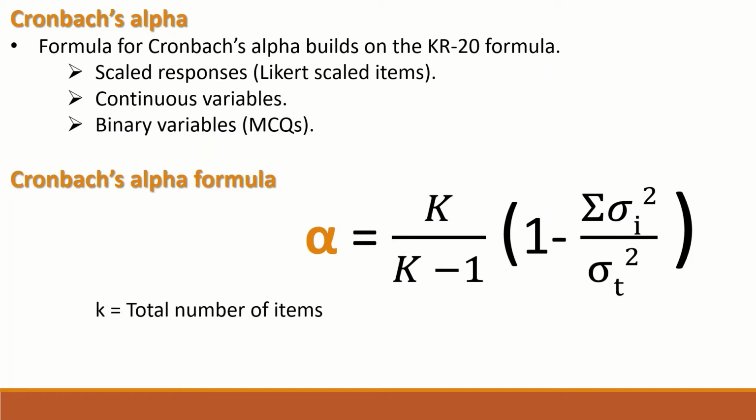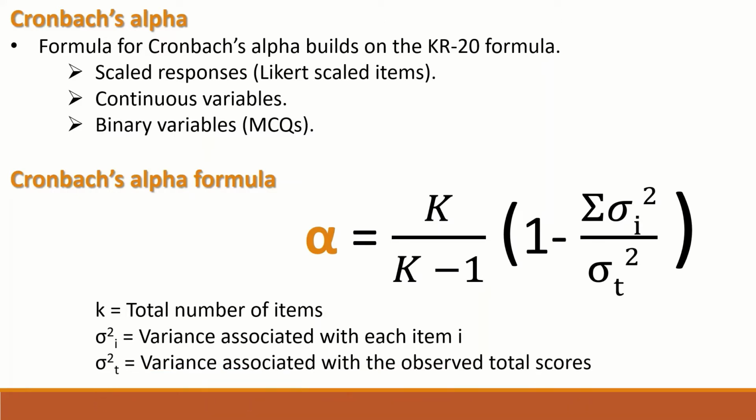So k represents the total number of items, the variance i represents the variance associated with each item, and the variance t represents the variance associated with the total scores.